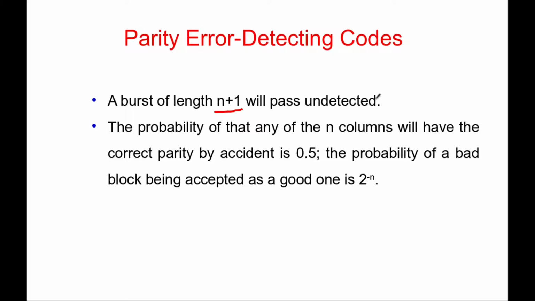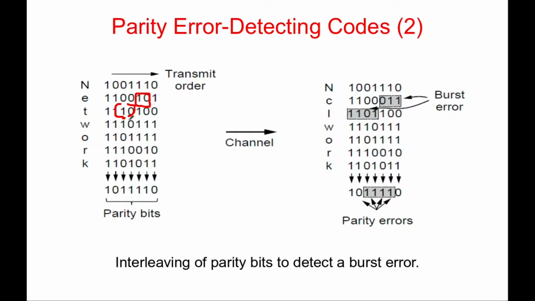Now, in the previous case, the probability that any column will be taken as correct with multi-bit error is 0.5. If there was also an error in this bit, that might have changed the parity, or that might not have changed the parity. That's why the error in this column wouldn't have been detected by the receiver.